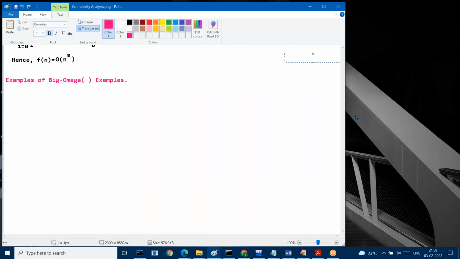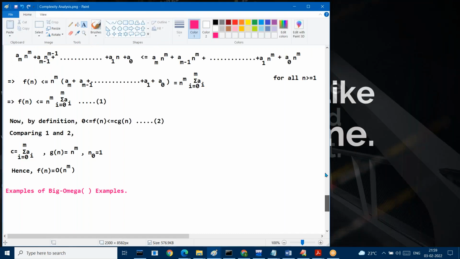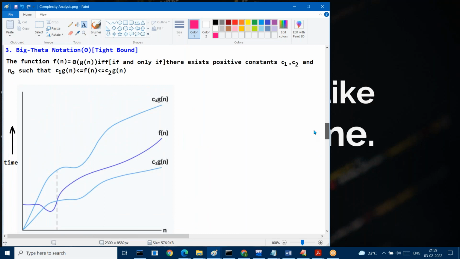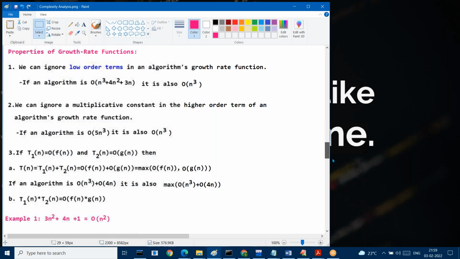Example of big omega notation. Just the same as what we have done for big O, nothing is different now. Only the reverse thing we are going to see. Earlier we have done what? f(n) is less than or equal to c·g(n). Now our target will be f(n) is greater than or equal to c·g(n). Same approach will be there.